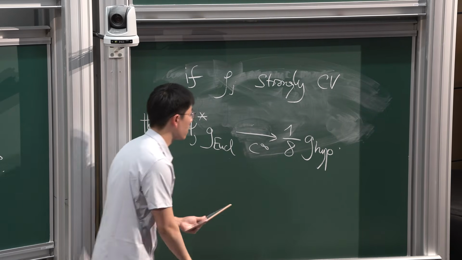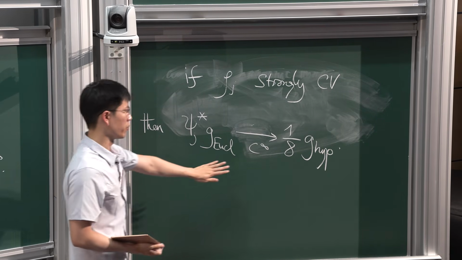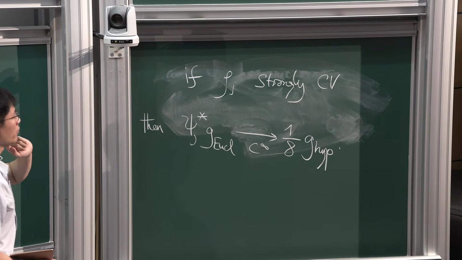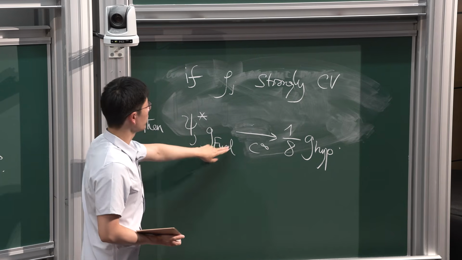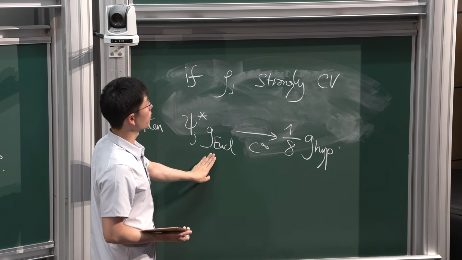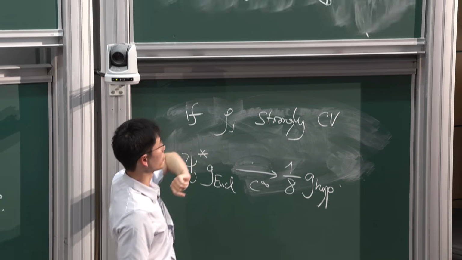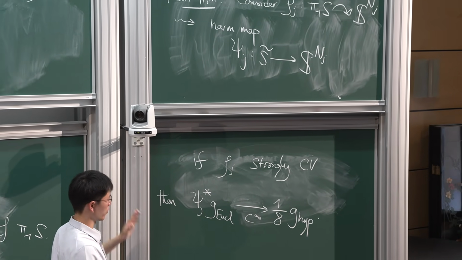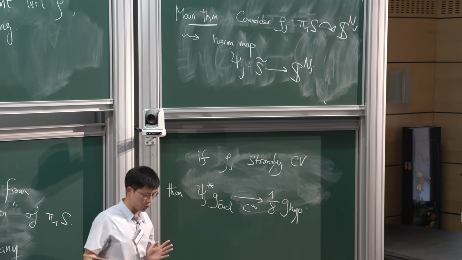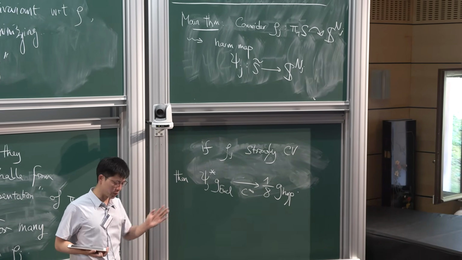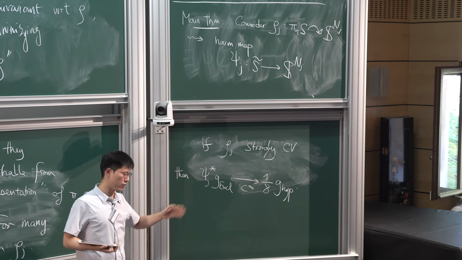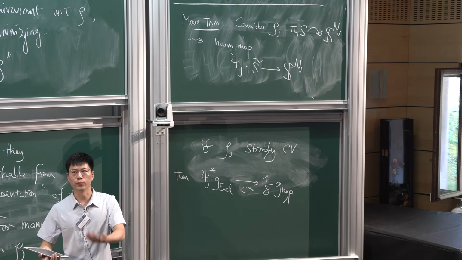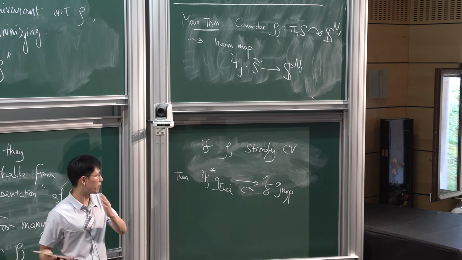As you can see, the limit metric is uniquely determined. G hyp is the unique hyperbolic metric on S. The Euclidean metric here is just the standard round metric on the unit sphere. What's interesting here is that in geometry, you have two ways of thinking of optimal shapes: the extrinsic way, harmonic maps and minimal surfaces, and the intrinsic way, hyperbolic metrics, Einstein manifolds, and things like this.